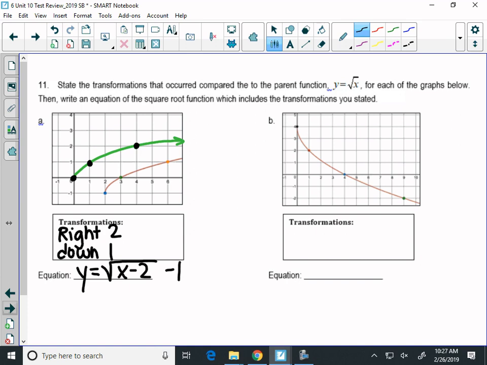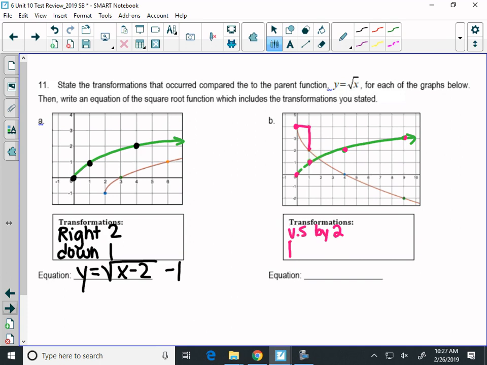For B, again, let me draw my parent function here so you can see. Now notice, on my parent function, the first point is out 1, up 1. Okay? When I look at the first point on my new graph here, I go out 1, down 2. So since I'm going out 1 and up 2, this is going to be a vertical stretch by 2.